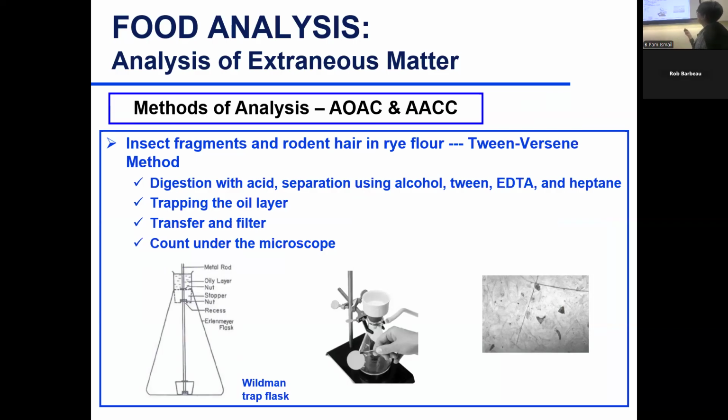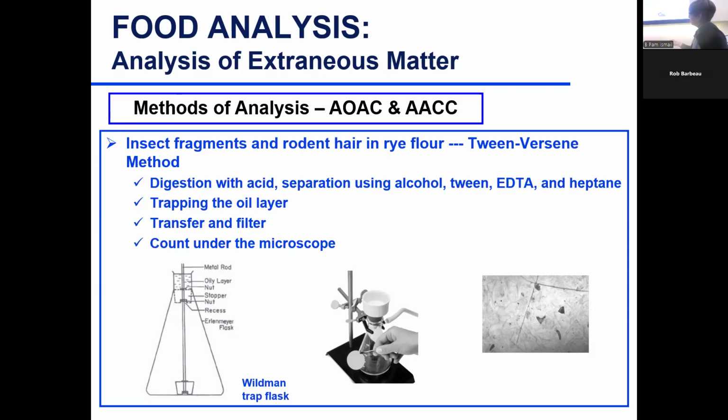And this is specifically for light filth, like insect fragments and rodent hair. You digest, you add different reagents, you add oil, because then the light filth, the hair, and insect fragments will be in the oil layer.